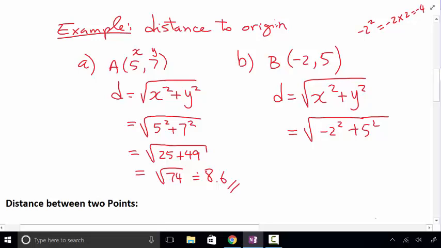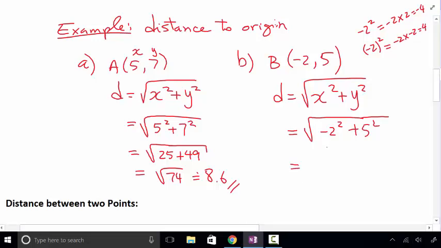However, this is saying x has to be squared. The whole value of x. And the whole value of x is what? Negative 2 has to be squared. So that means you have to put brackets so that you do what? Negative 2 times negative 2, which is 4. Okay?